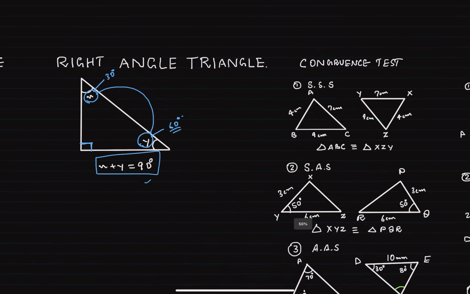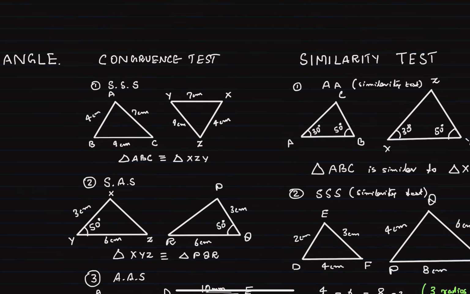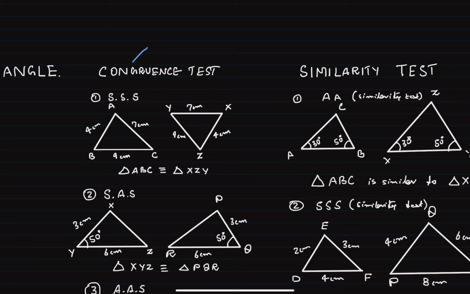And then there are some congruency tests. Sometimes you will have a question in the examination that requires you to prove one triangle is congruent to the other, right? Congruent is a word that is a synonym of the word equal. How can you prove that two triangles are equal?